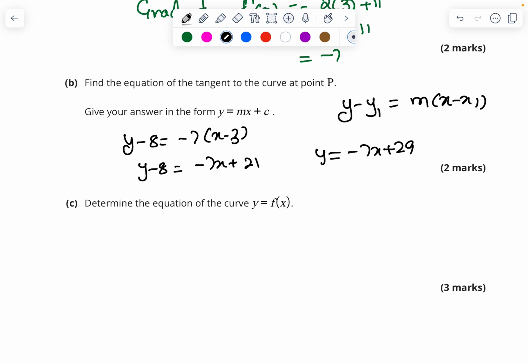Now determine the equation of the curve. Again, to find the equation of the curve, it is going to be the integral of f prime x dx. So it's going to be the integral of f prime x, which is minus 2x squared plus 11 dx.